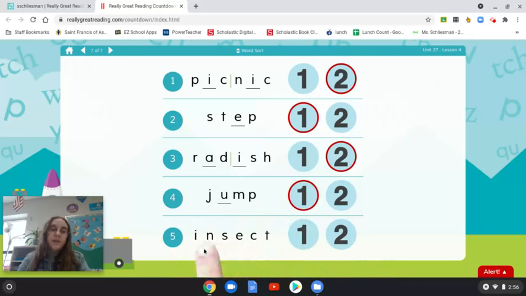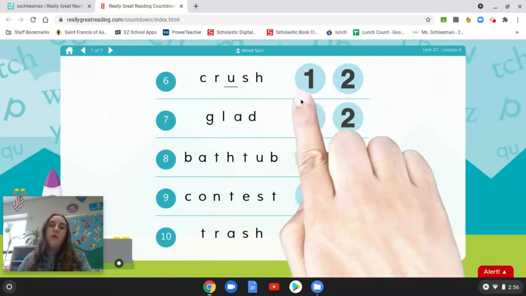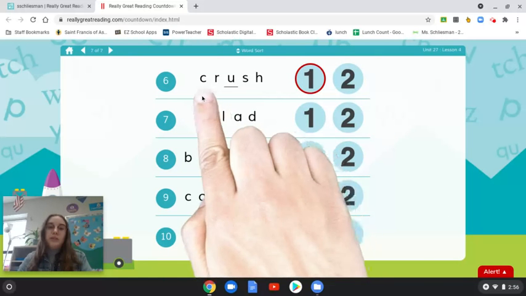Jump. Number 5. There are 2 vowels. They're not next to each other, so that means that there's 2 syllables. Now I need to close my syllable, and then I'm going to draw the line right after to divide my 2 syllables. Insect. Number 6, there's 1 vowel, so there is 1 syllable.